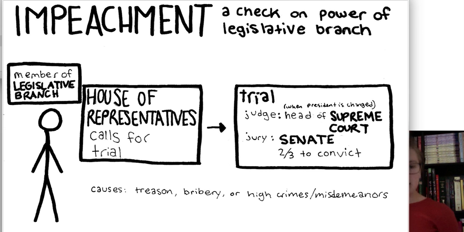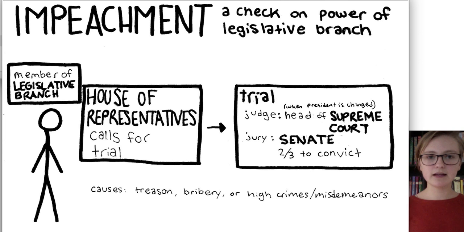And then impeachment is basically how the check on the legislative branch. So when there's a member of the legislative branch that is suspected of treason, bribery, or high crimes and misdemeanors, then the House of Representatives can call for a trial.